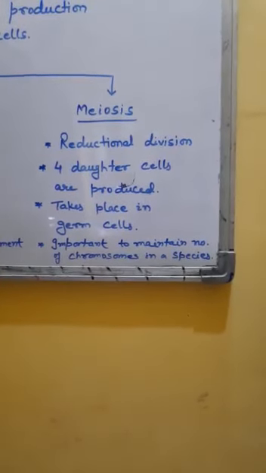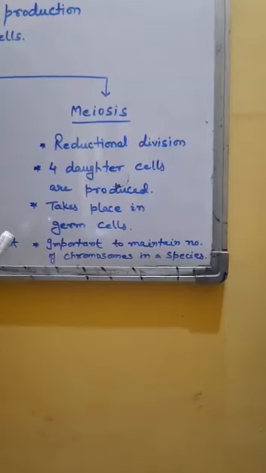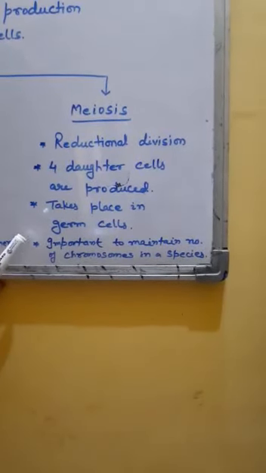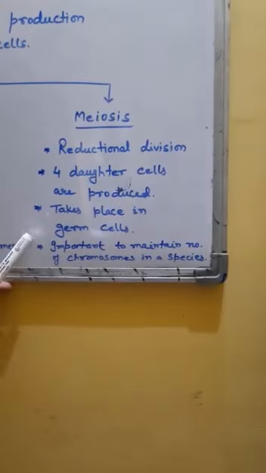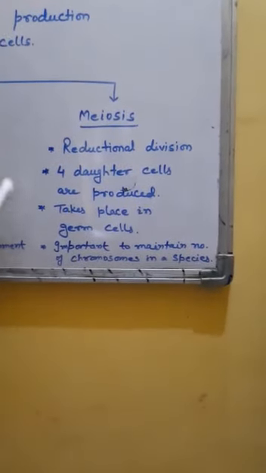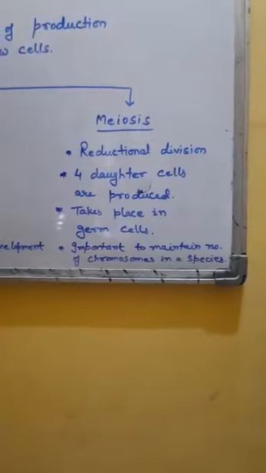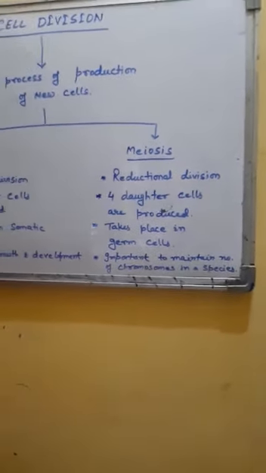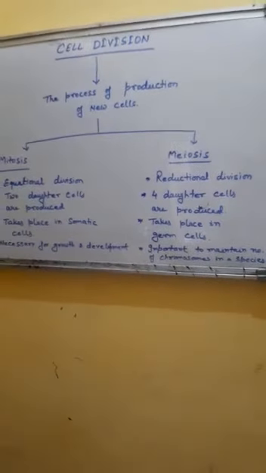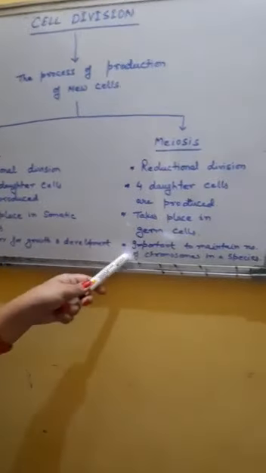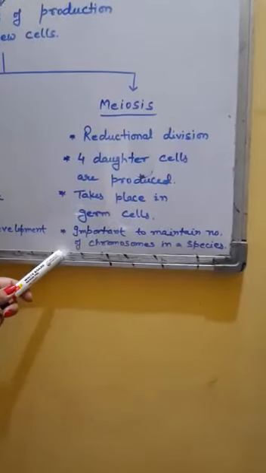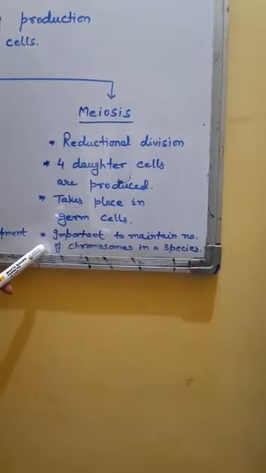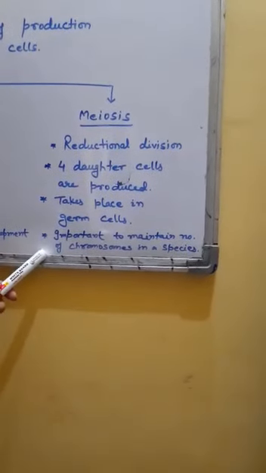If the number of chromosomes were similar to the parent, every time the number of chromosomes in daughter cells would be double. So, to overcome this situation, there is meiosis cell division where the parental cell already has half the number of chromosomes, and when they fuse together, the daughter cell produced again maintains the same number of chromosomes. So, that is the importance of meiosis.